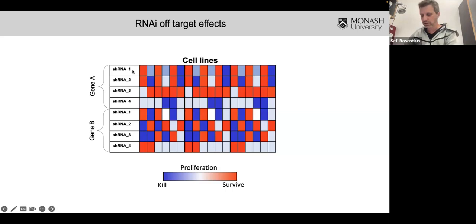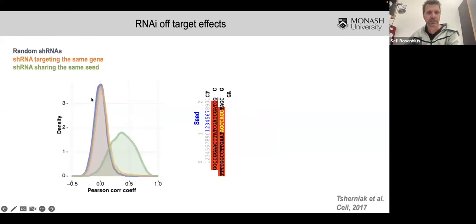The first question that you want to ask, and we've done this after doing a lot of these screens in hundreds of cell lines, is about these shRNAs 1 and 2, which we call sister shRNAs, that are aimed to target the same genes: how many times do they actually target that same gene of interest?